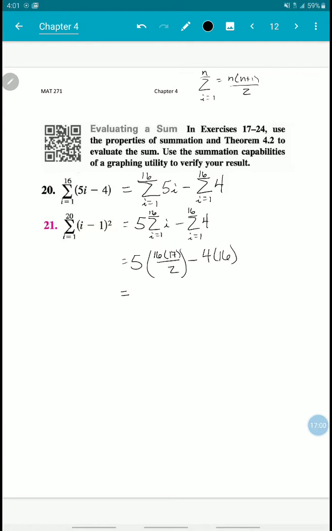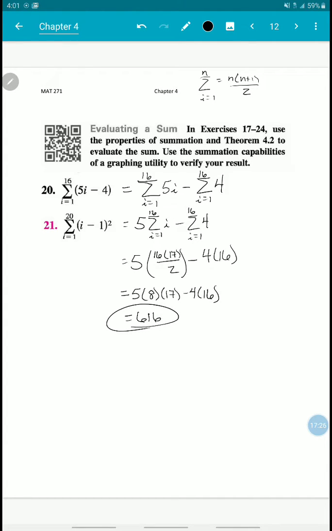So I'm going to simplify that, 16 and 2 there. So this is 5 times 8 times 17 minus 4 times 16. So I'm going to get 616 for that.